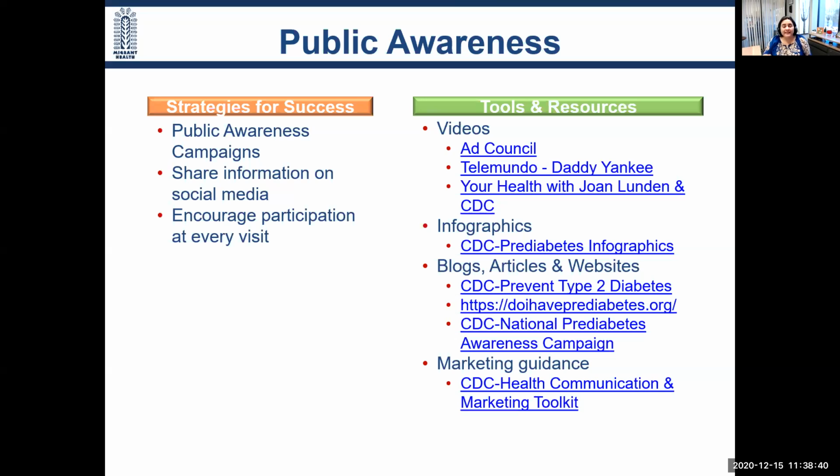They've also created infographics to make that content very appealing to patients and to see that the information can be something that they can quickly access. This is really very key. And there's even a marketing toolkit that you can use within your institution to be able to share information, things like flyers, things like videos, things that you can share to really help you create that awareness within your organization and for the people that you serve.